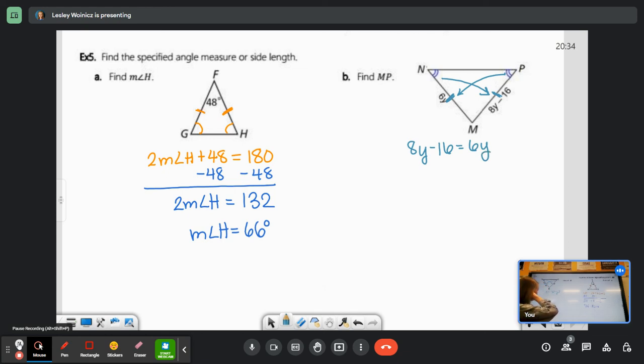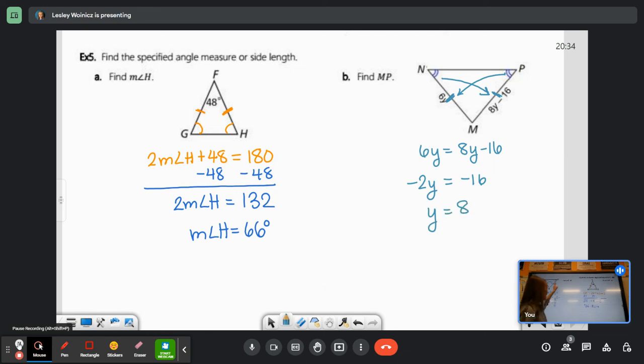Just set them equal to each other. Oh, I want to set it up the other way. 6y equals 8y minus 16. It doesn't really matter. Okay, so subtract 8y from both sides, and I get negative 2y equals negative 16.